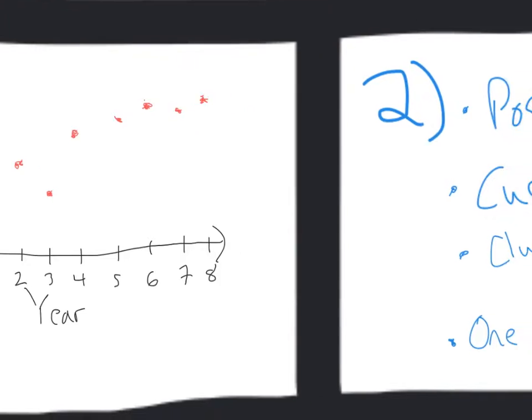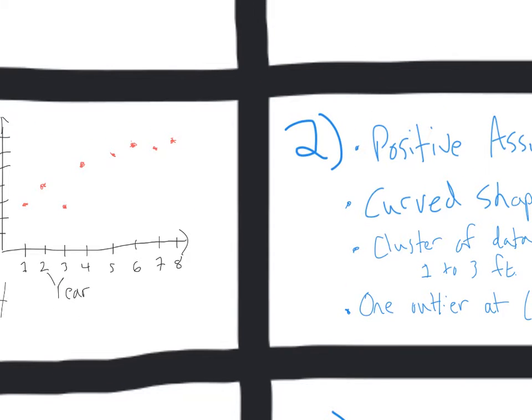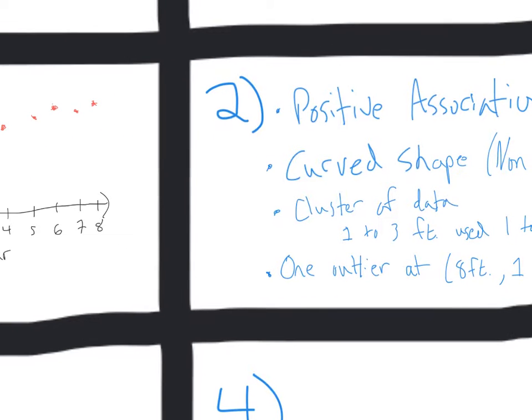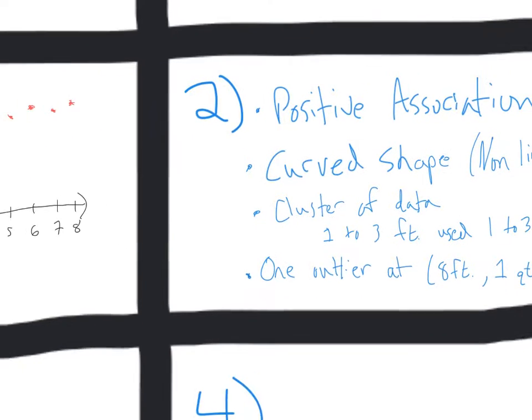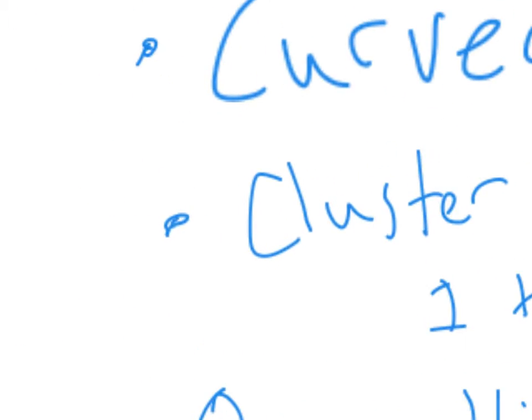Number 2, interpret the scatter plot of the data for the amount of paint used to paint signs of various lengths based on the shape of the distribution. I'll zoom into some empty space right over here. The way this scatter plot looked, it started out really close to the x-axis, you had a bunch of dots here, and then it curved up.